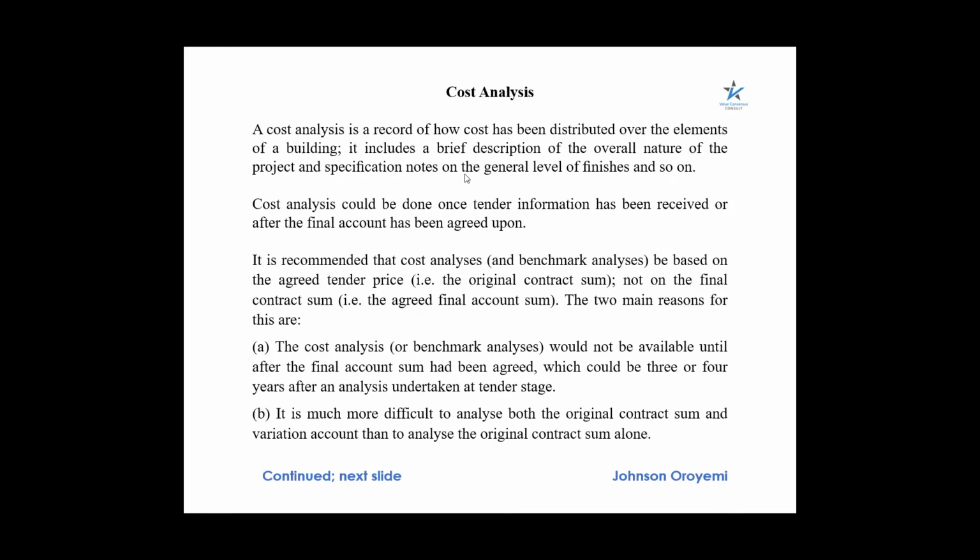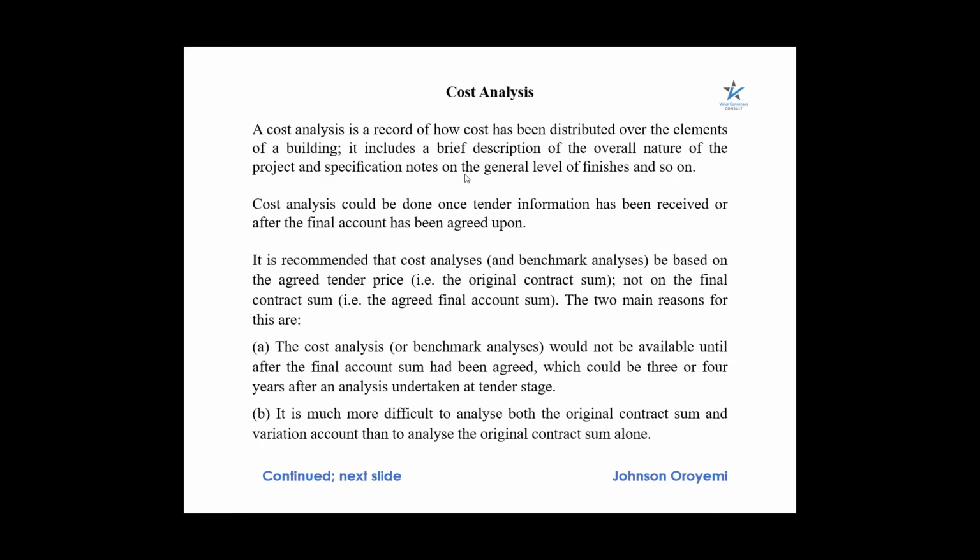When you understand the overall nature of the previous project where you got the cost information, you'll be able to look at the differences between the previous project and the new project.